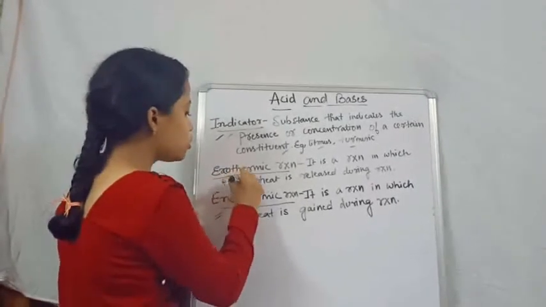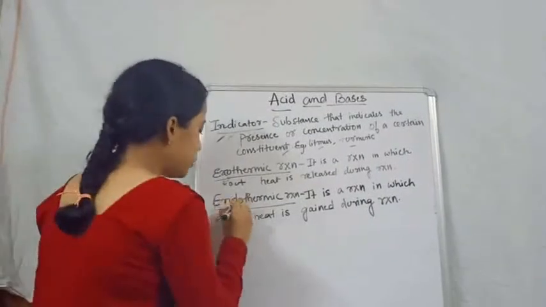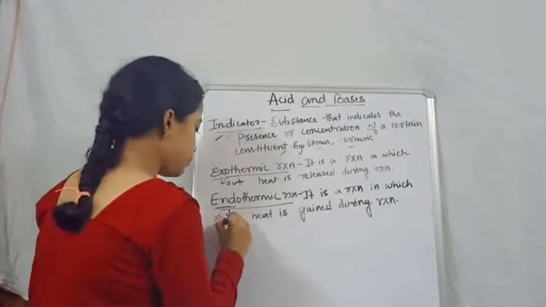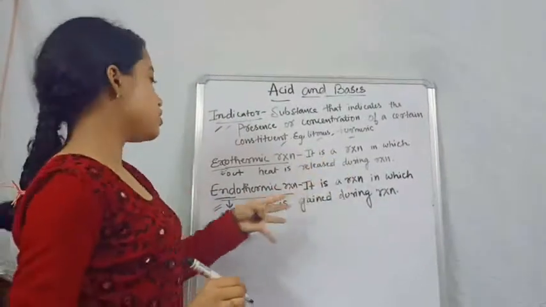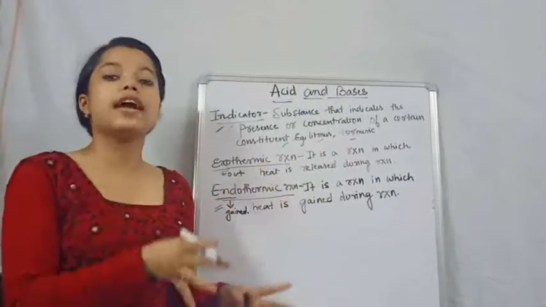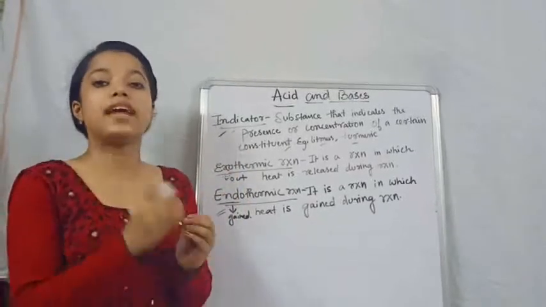Out. So, out means heat released. Now, see, endo. Endo means what? In. That means heat gained. It is a reaction in which heat is gained during the reaction. That means it is a reaction in which heat is gained while two substances are reacting with each other.